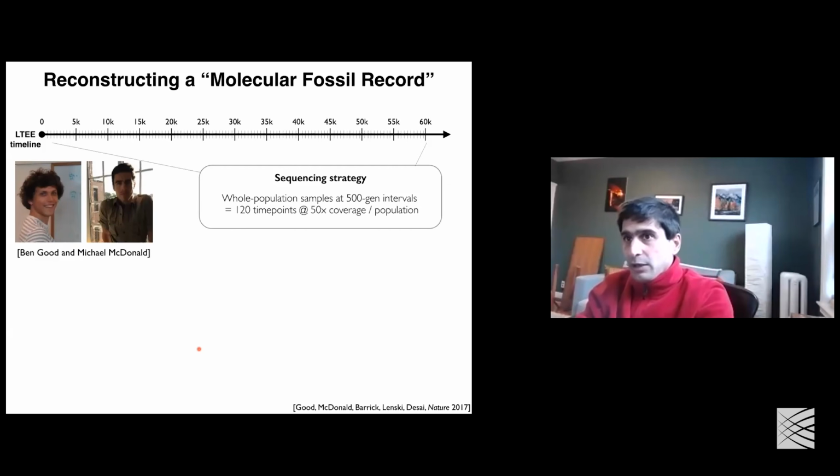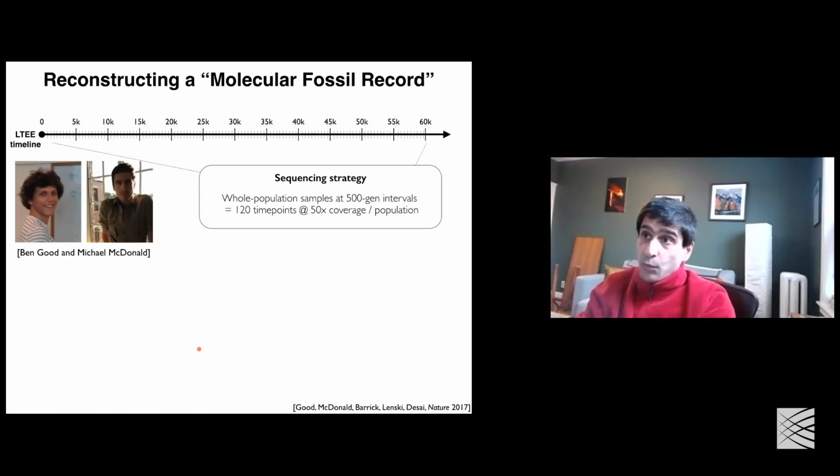And so I'm going to talk about work that my lab did in collaboration with Rich Lenski's lab and Jeff Barrick's lab, a couple of other labs, to look at this within the LTEE, but this same kind of theme repeats again and again across many other evolution experiments.